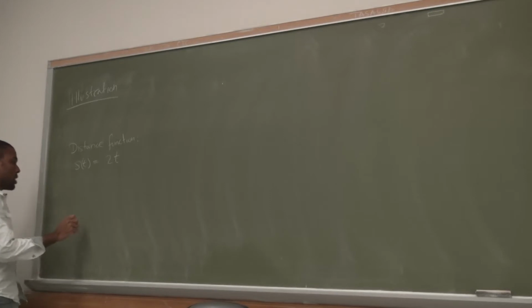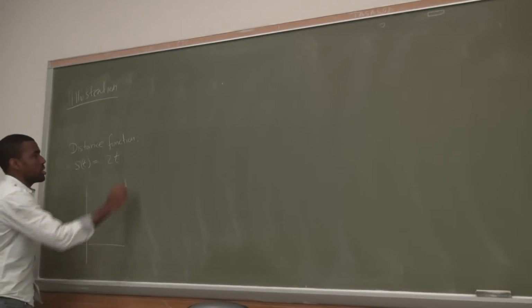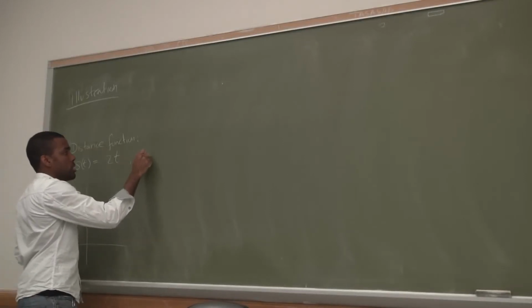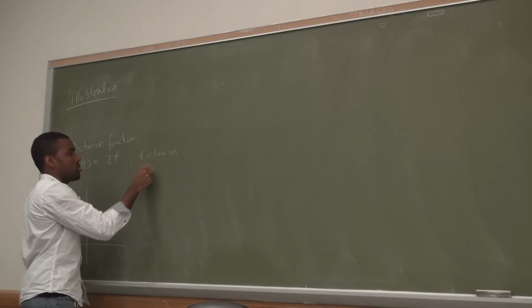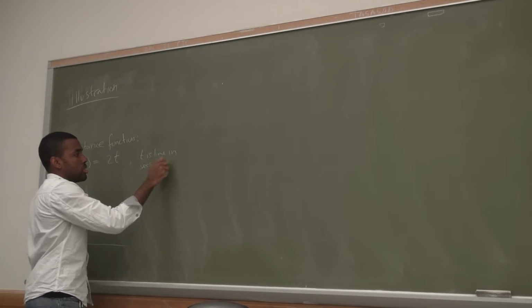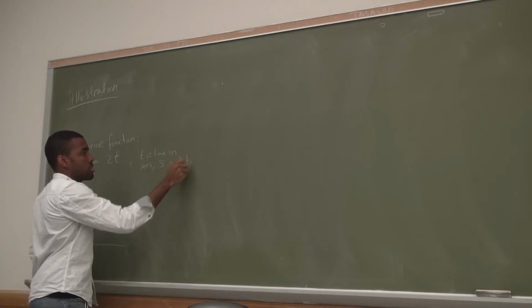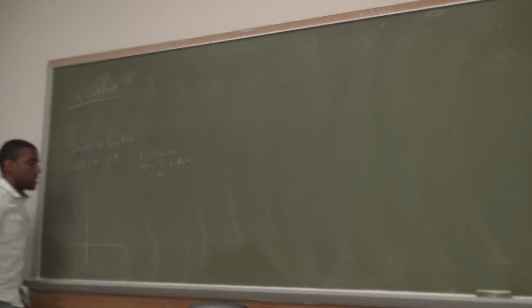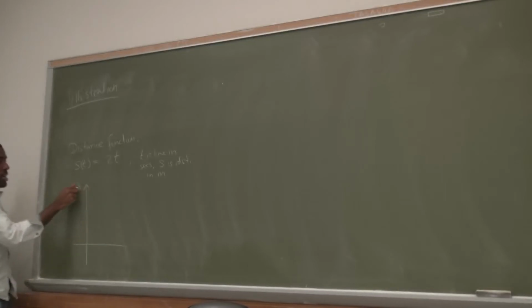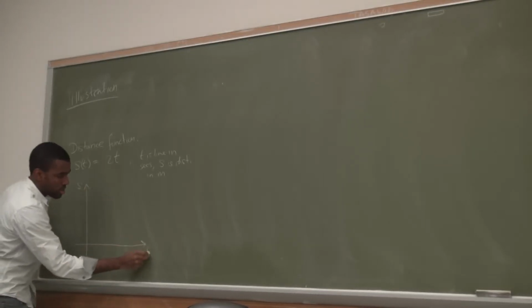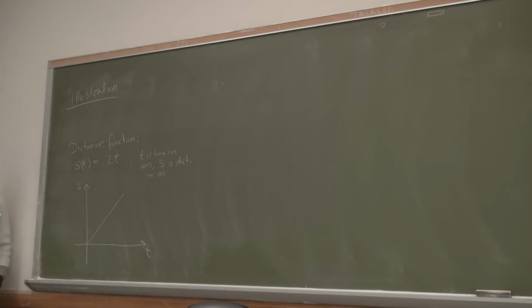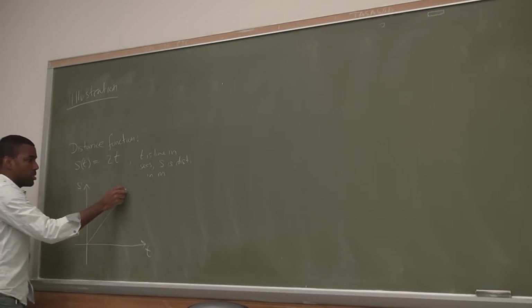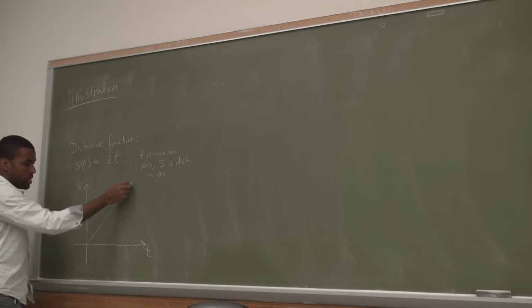And so what I could do is I could plot this where t is time in seconds, s is in meters, right? So if I plot s versus t, that would be the graph, right? Going up to some point, I don't know, but that's the graph.